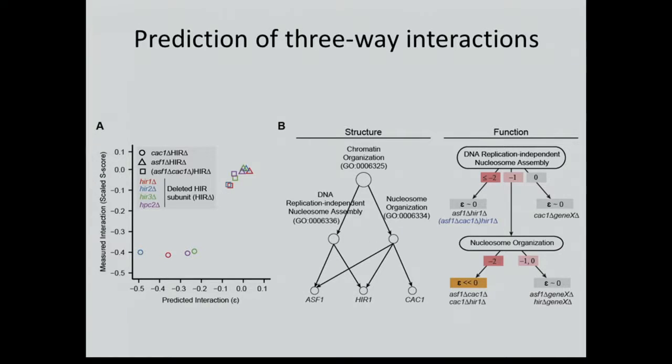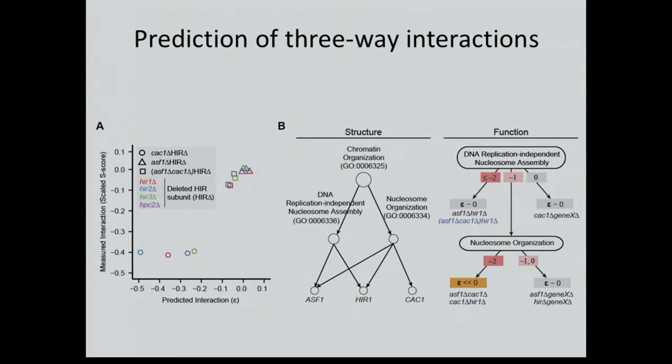And so we were pleased to find that our system, without any training, maybe we got lucky, we probably got a little lucky, but nonetheless, in the one example out there, or a study of three-way interactions, we can predict that effect. And what's basically happening is shown here, breaking down the structure of the GO and the function that's then ascribed to that GO, and you can see how the prediction is made.